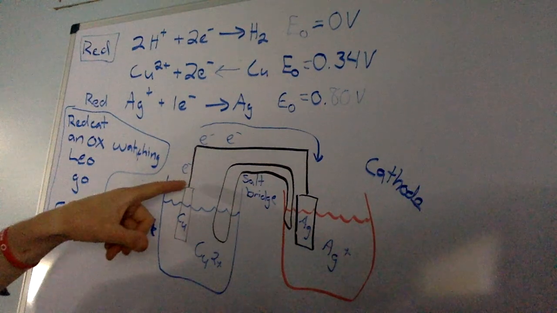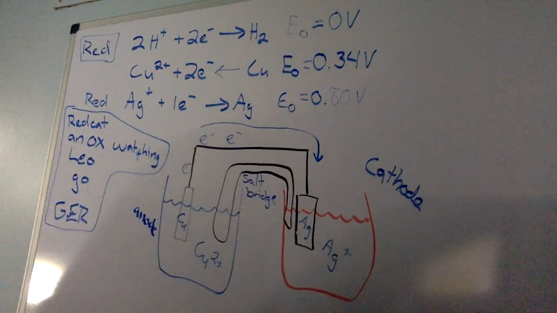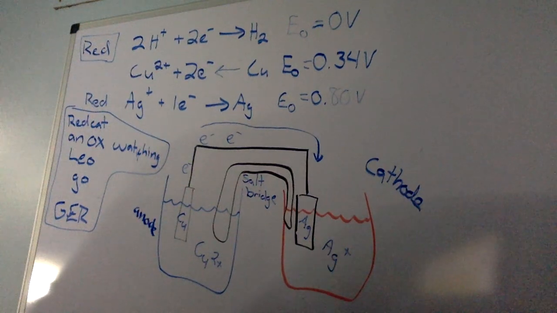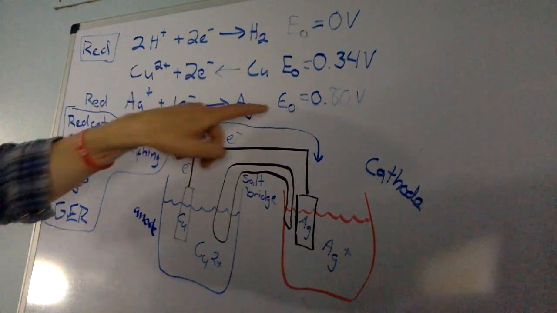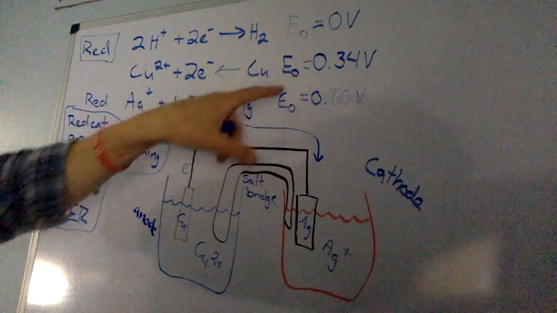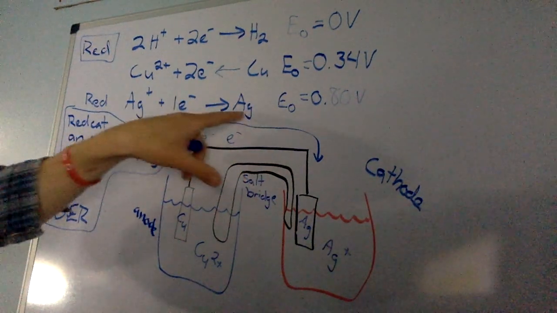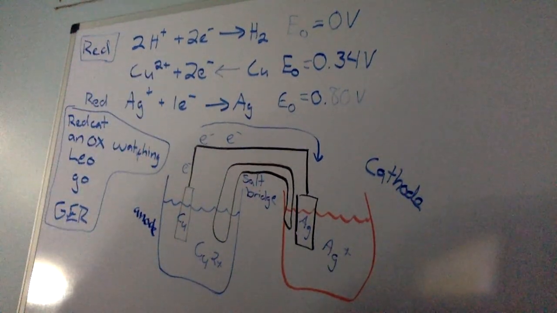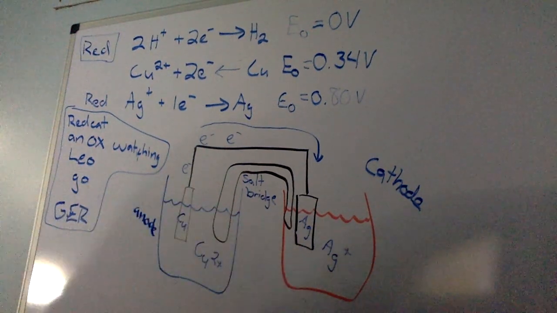And we know which way the electrons are flowing because of our electron potential values, our reduction potential values. So this number here is larger than this number. So this silver wants to gain that electron more than the copper did. So that means that silver is the cathode.